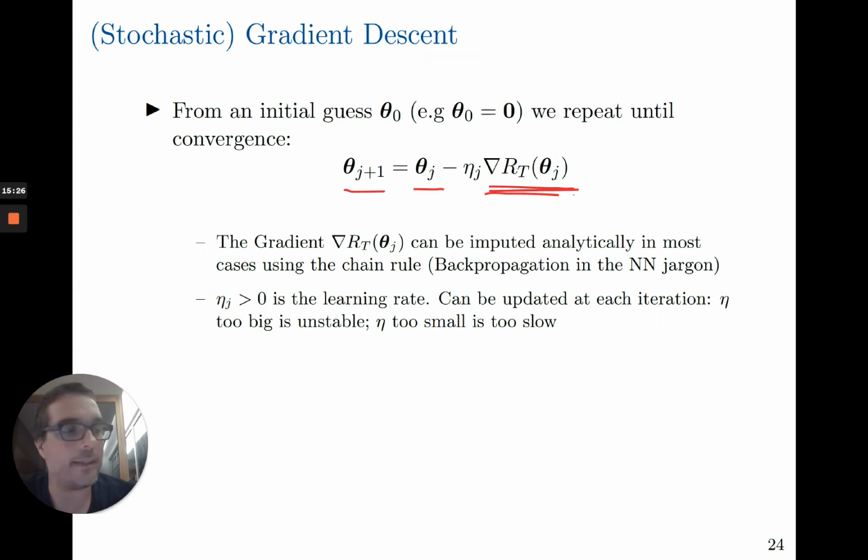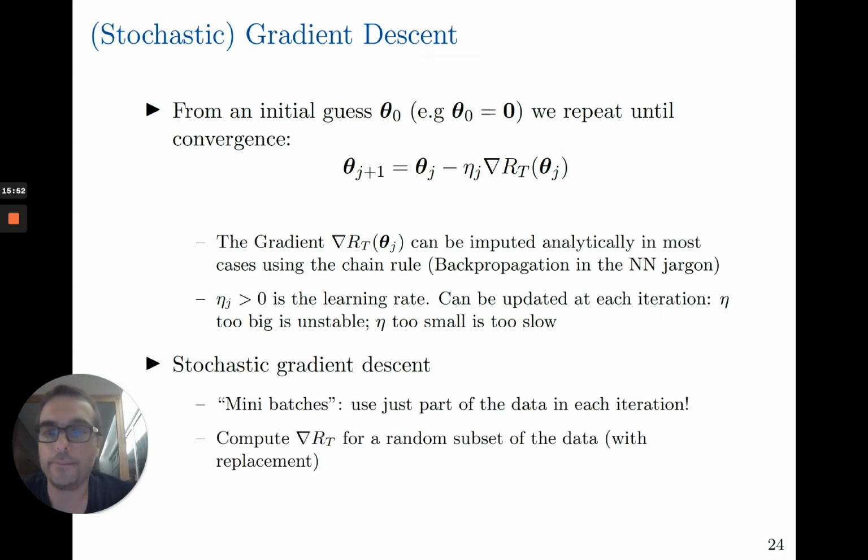This is all implemented in many of the packages. This eta is the step length, the learning rate, and if you remember boosting, the idea is exactly the same: you change the parameters in the direction of a local minimum, and how fast you get there depends on this learning rate. Okay? The stochastic gradient is very useful when you have gazillions of data.